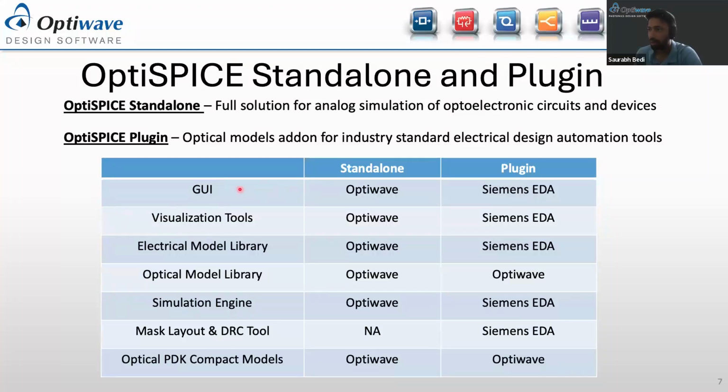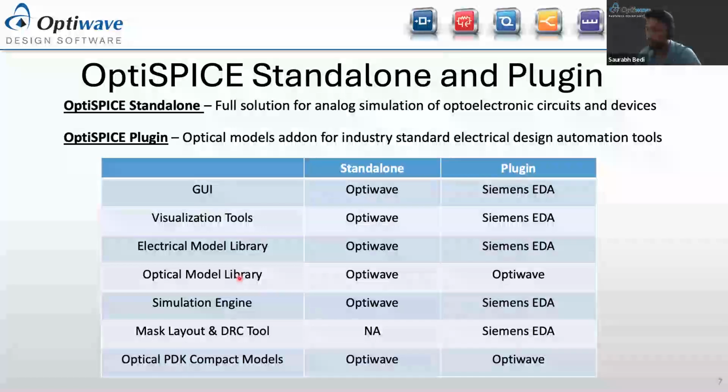If we talk about certain features of the tool, such as the graphic user interface, then Standalone has its own graphic user interface, and in the plugin we use the graphic user interface from Siemens EDA. And if we talk about the visualization tools and electrical model library, for Standalone we have our own tools and own electrical model library, whereas in the plugin we use those from Siemens EDA.